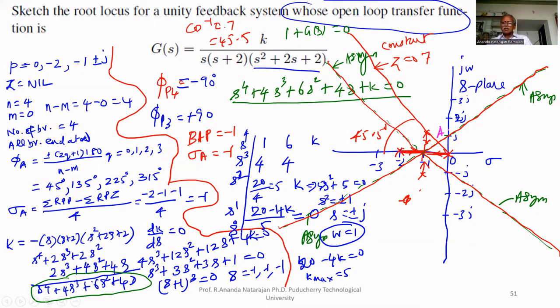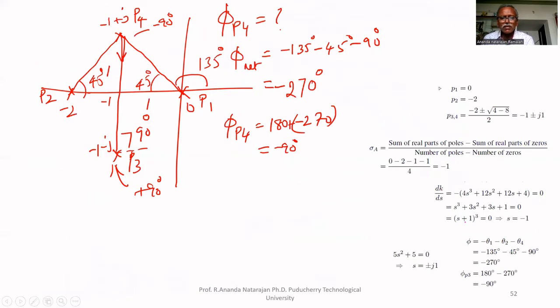From A, we have to draw lines to all poles and measure the length from A to all poles. Let us assume that A equals 0.5 plus j 0.5. If we draw the real plot, it will be here.